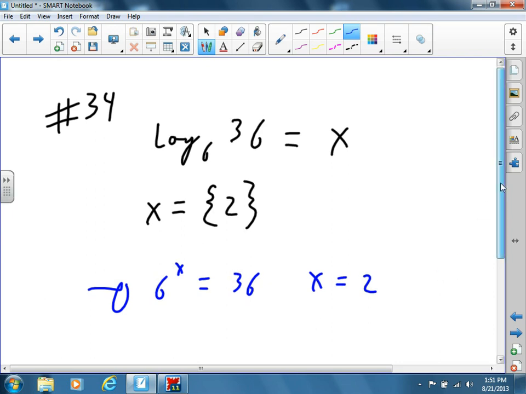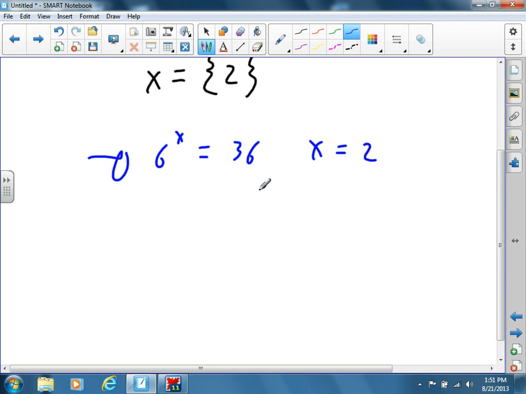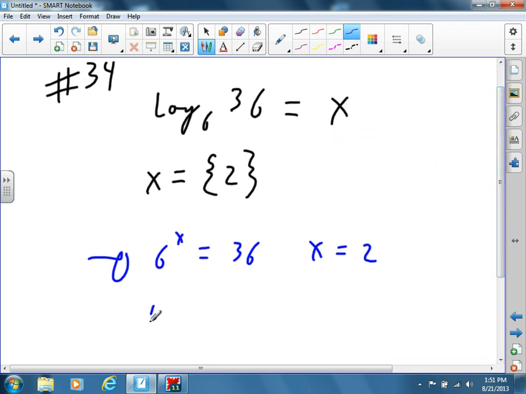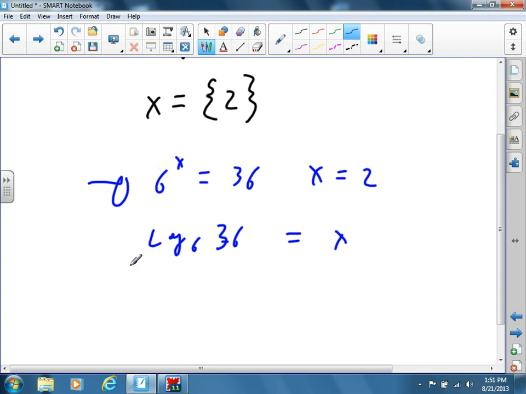Now, the other thing we could do is say log base 6 of 36 is x. And then we could raise these to the 6, make these exponents of 6. So on this side I have 6 to the x.